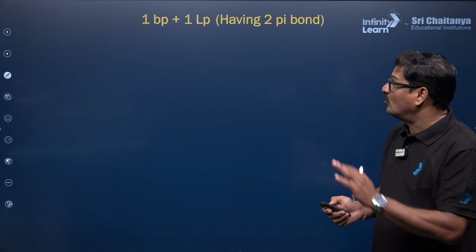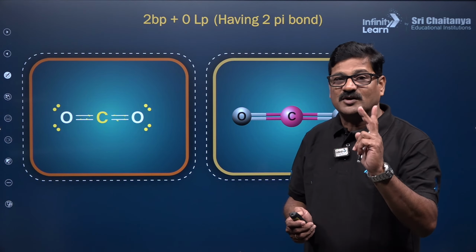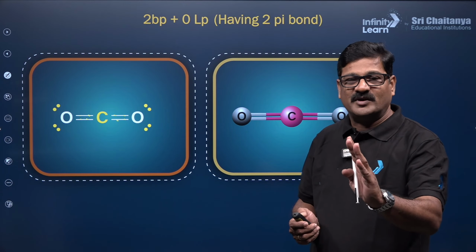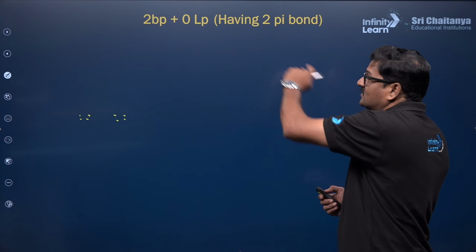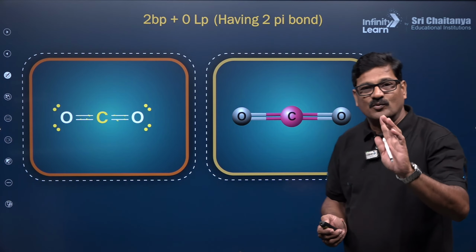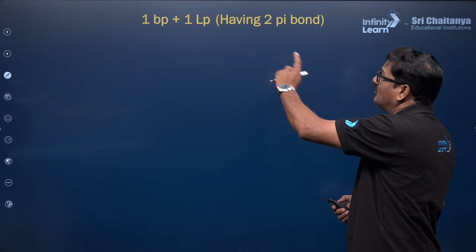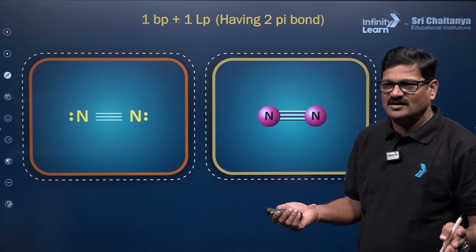Talking about steric number 2, it could be a combination of 2 bond pairs and 0 lone pairs. So this is an example. It could also be one bond pair and one lone pair having 2 pi bonds. You are going to see nitrogen, it is also a linear molecule.